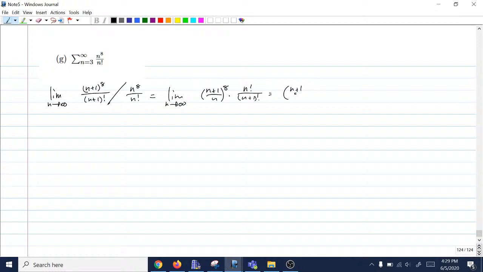That's n plus 1 over n. I guess, since I have the extra step, I might make it extra super obvious. That thing goes to 1 by splitting it into 1 plus 1 over n to the 8 times 1 over n plus 1, still with a limit out front. This limit is 1 times 0 is 0. That thing is 1 to the 8, the other thing is 0, or it's 1 over infinity is 0.